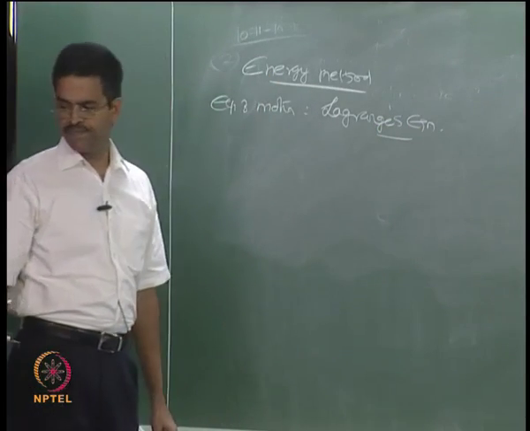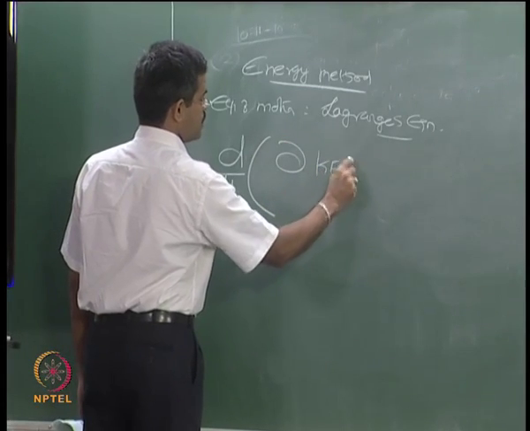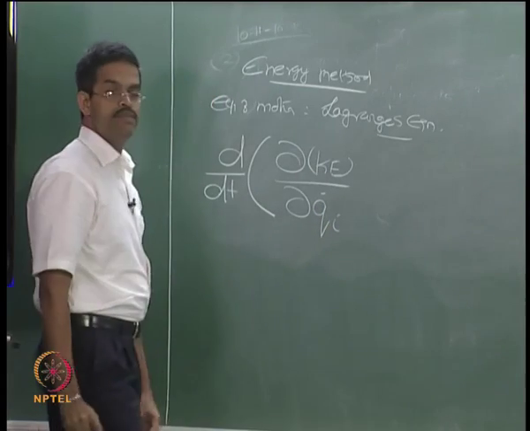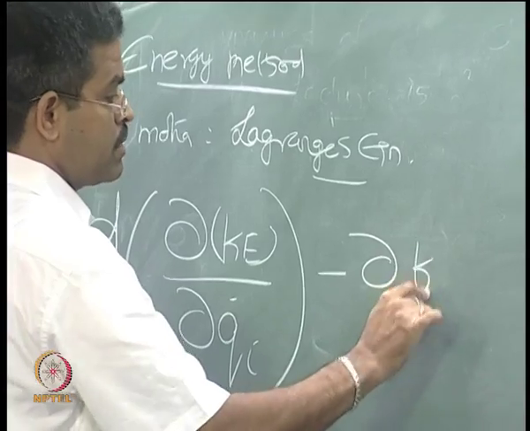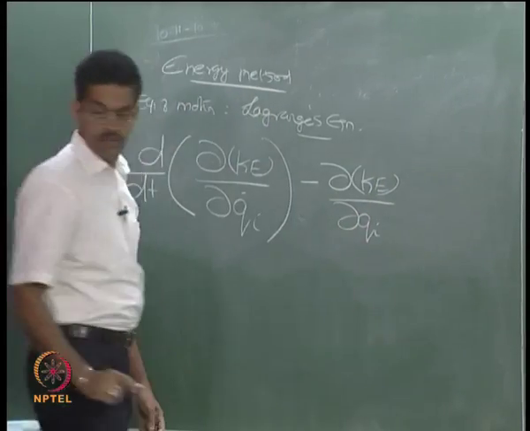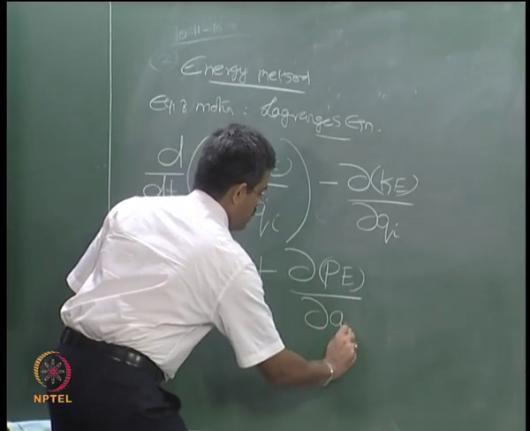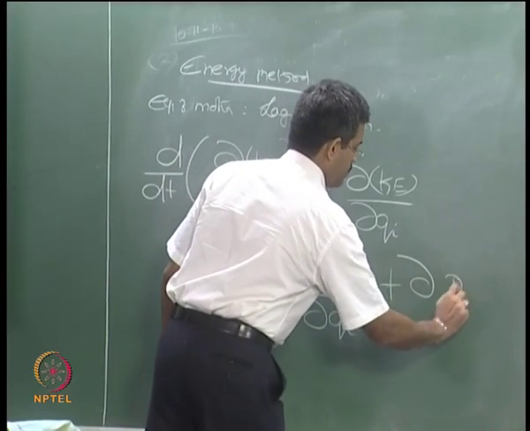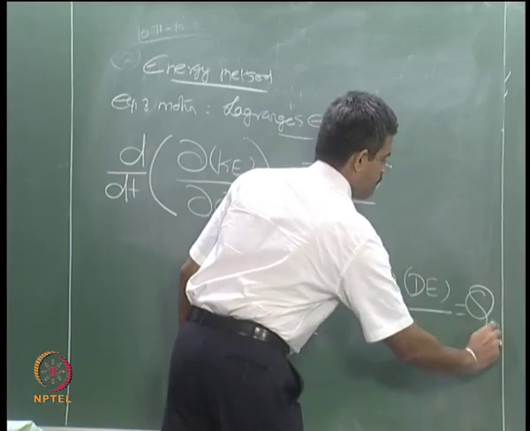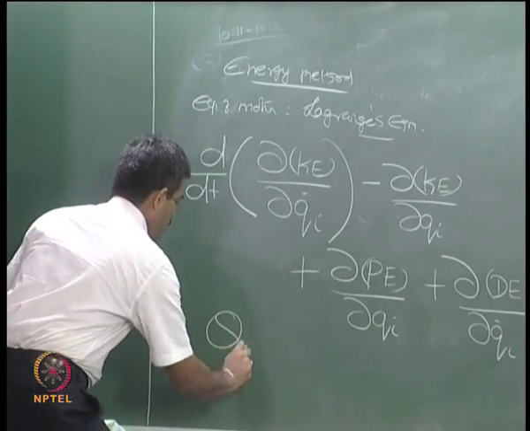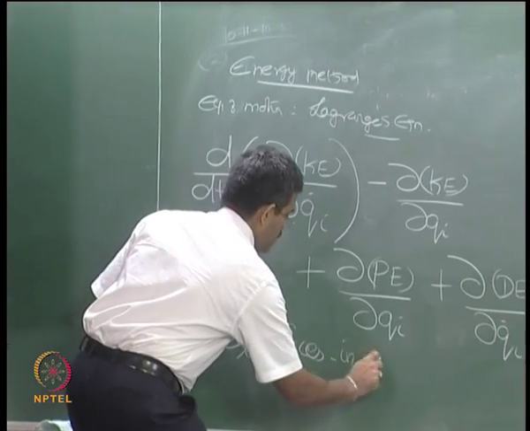Now what is Lagrange's equation? Lagrange's equation says d by dt of the partial derivative of kinetic energy with respect to qi dot, minus the partial derivative of kinetic energy with respect to qi, plus the partial derivative of potential energy with respect to qi, plus the partial derivative of dissipation energy with respect to qi dot, should be equal to capital Qi, where capital Qi is the force in generalized coordinate i.